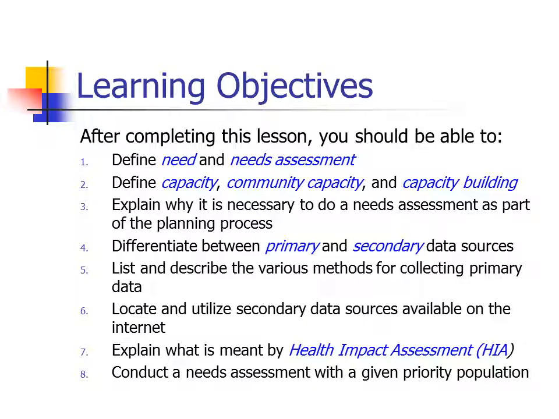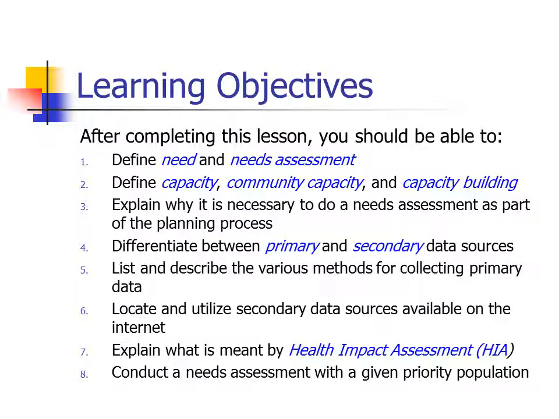So here are the learning objectives for this lesson. I want you to be able to define the terms need and needs assessment, define the terms capacity, or at least understand what these are, community capacity and capacity building. Explain why it's necessary to do a needs assessment as part of program planning. Differentiate between primary and secondary data and data sources.